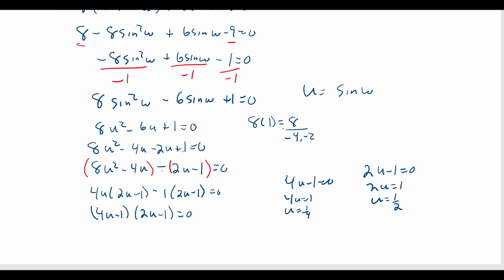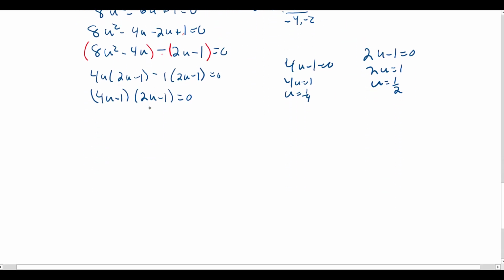So I have sine w equals 1/4, or sine w equals 1/2. Now, if you're up on your trig values, which I really hope you all are, you know that there are two solutions for the second part: w equals pi over 6 and 5 pi over 6.